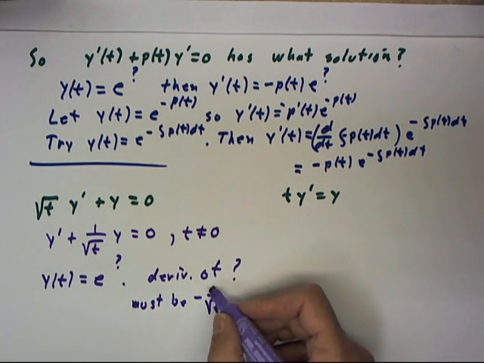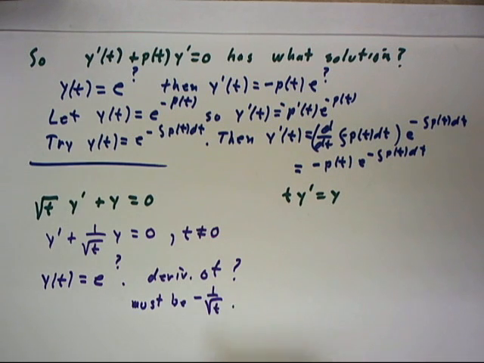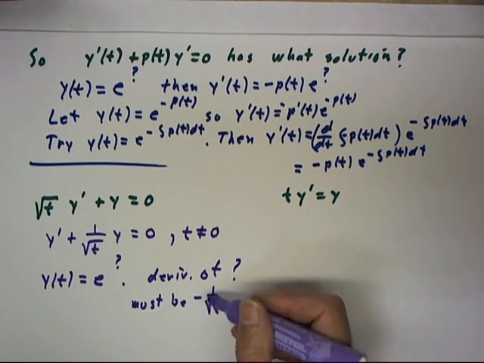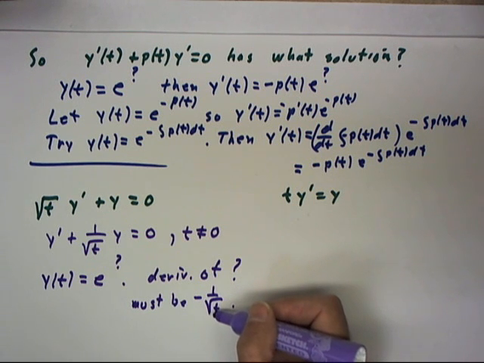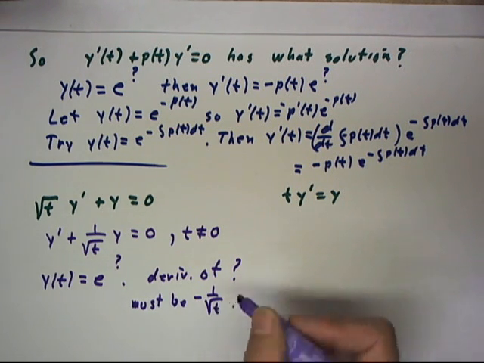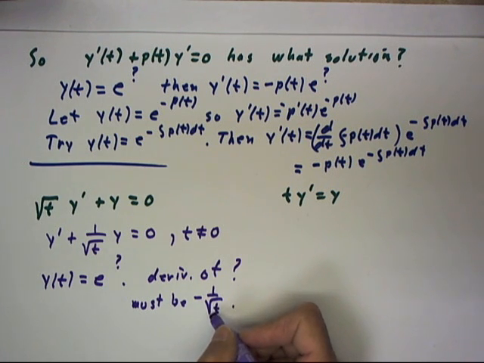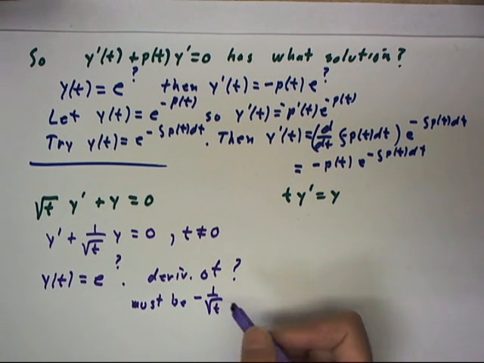Now we can integrate 1 over the square root of t and determine this, but I'm simply going to assume that everybody can find the fact that the integral of 1 over the square root of t is, well, if we take the derivative of the square root of t, we get 1 over 2 square root of t. So it's going to be 2 times the square root of t.